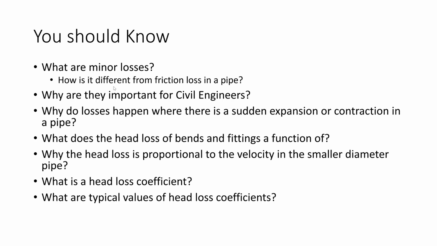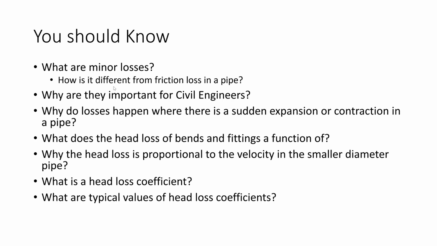By the end of this lab, you should know what minor losses are and how they are different from friction losses in a pipe. Why are minor losses important for civil engineers? And why do losses happen when there is sudden expansion or contraction in a pipe? Obviously, vortex formation, turbulence. What does the head loss of bends and fittings depend on?